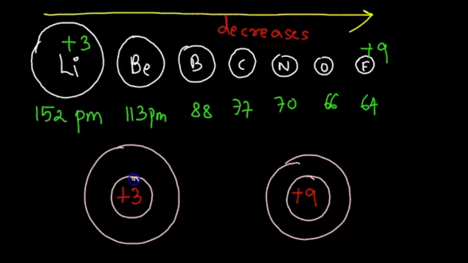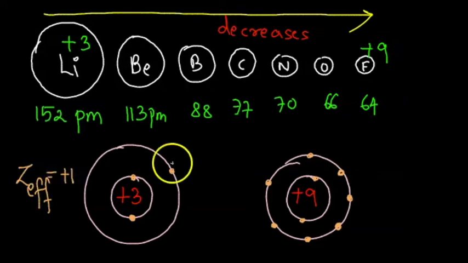In the first shell, both of these atoms contain 2 electrons. Lithium has 1 valence electron, while fluorine has 7. Now this electron is shielded by 2 electrons, so it feels an effective nuclear charge of plus 1. To calculate this, you take the number 3 and subtract the 2 core electrons.